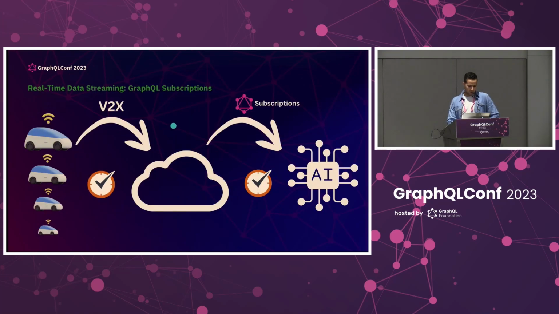The other biggest impact on the accuracy of our machine learning model is real-time data streaming. Before we used GraphQL, the data was transported from the cars to the cloud system through the vehicle-to-everything protocol, which relies basically on real-time streaming. Then, from the cloud, in order to fetch the data or feed our model the data, we had a problem with the REST APIs.